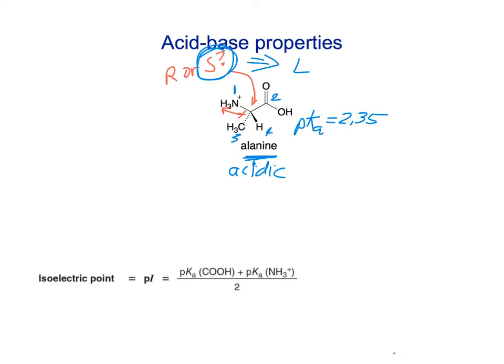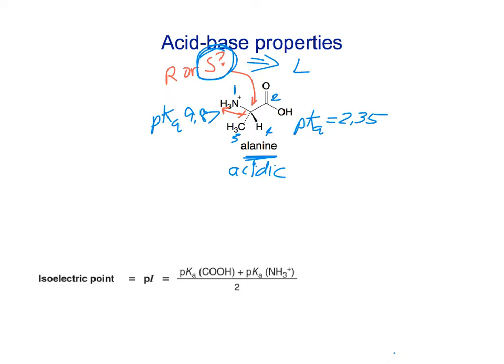It stabilizes the conjugate base, and makes that carboxylic acid more acidic than if we just had acetic acid. Okay? The pKa of the ammonium ion is 9.87.